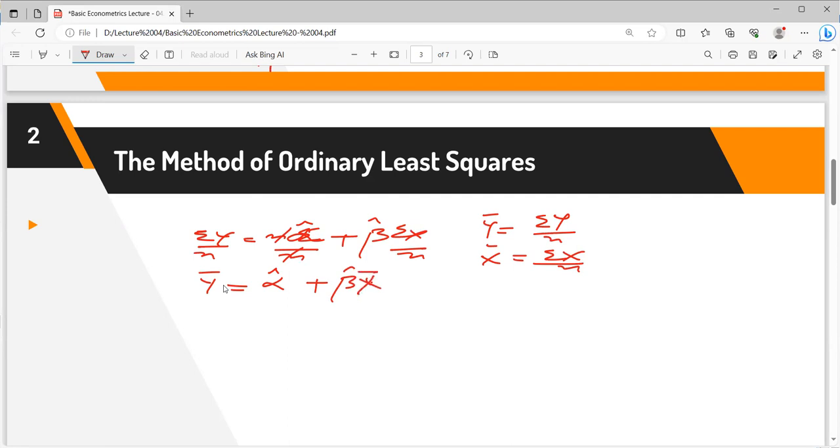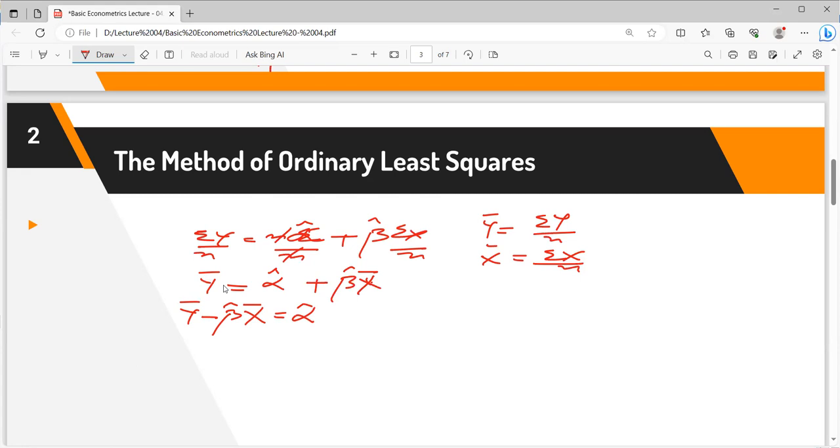So you can rearrange this equation and derive the value of alpha estimated: y bar minus beta estimated x bar is equal to alpha hat. So these are the parameter estimators.